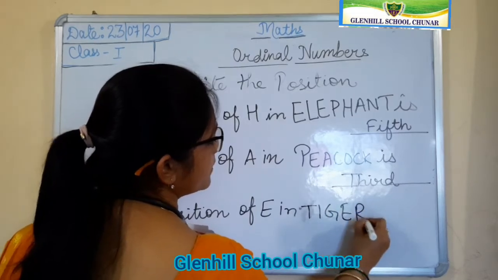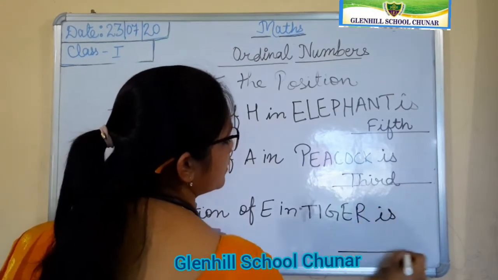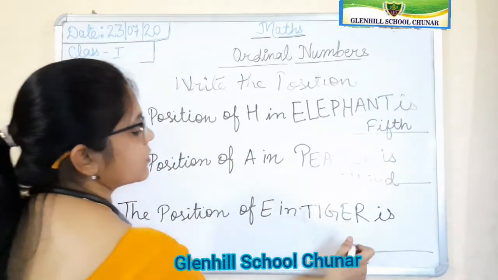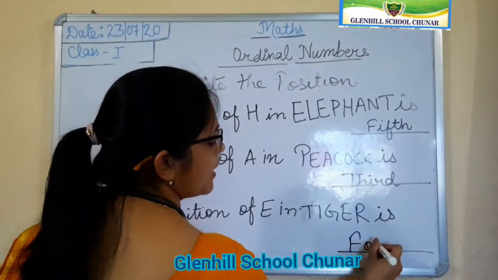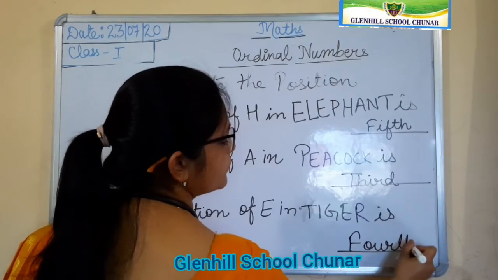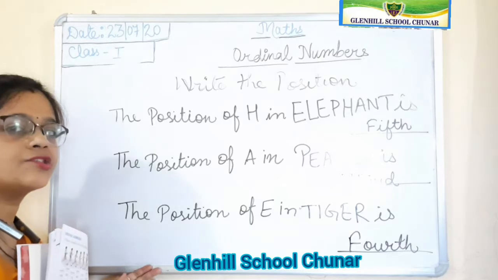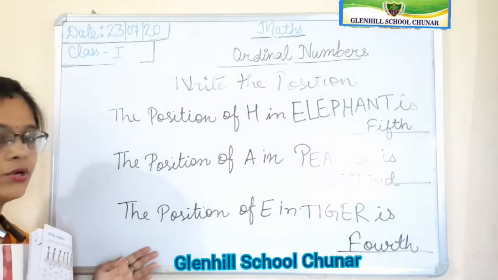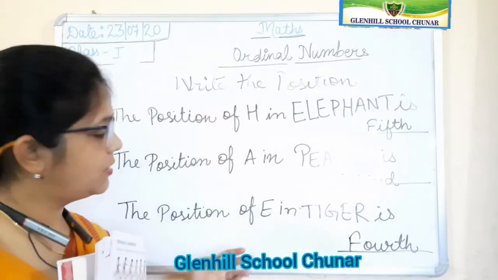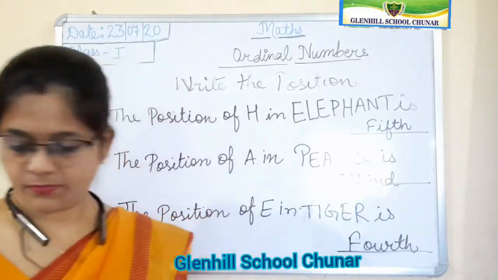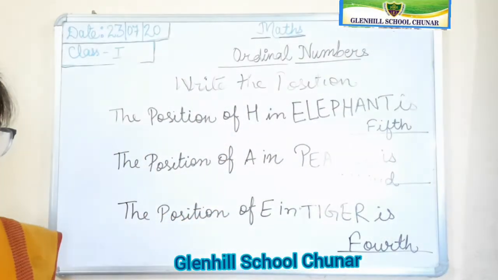T-I-G-E-R. E is in first position, second position, third and fourth. So here you are going to write down F-O-U-R-T-H. Fourth position. Okay. So like this you have to complete the rest of the questions in your book. No need to write this in your copy. You have to complete it in your book. Okay, student. So do it fast.